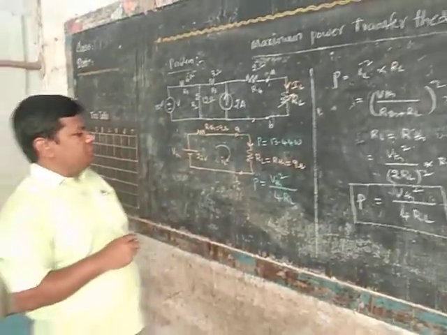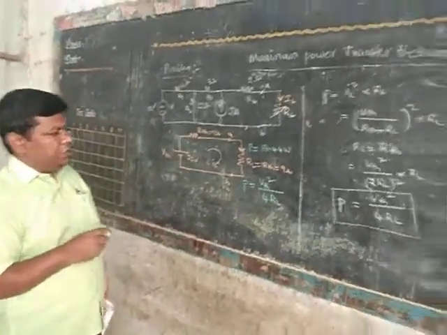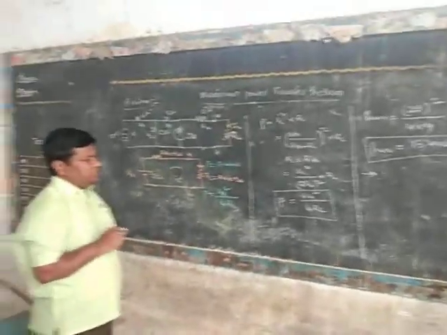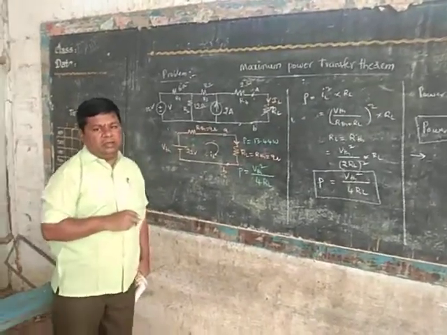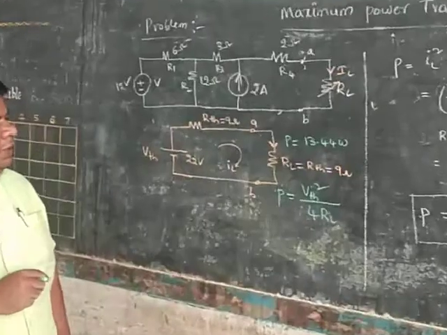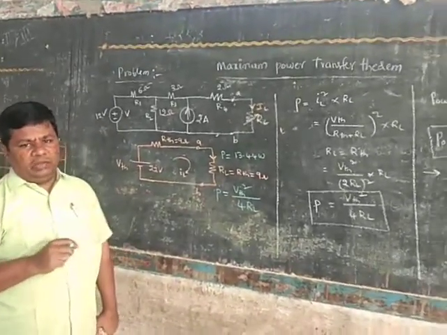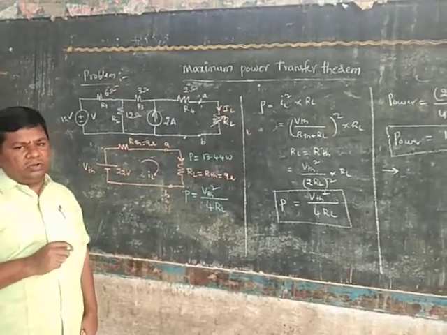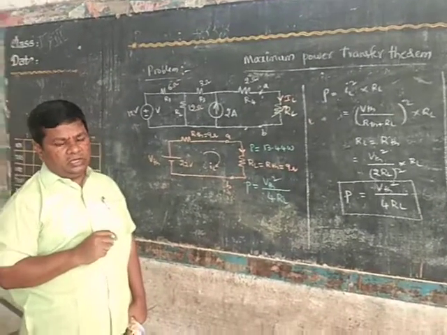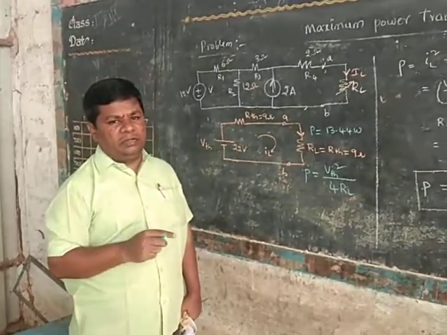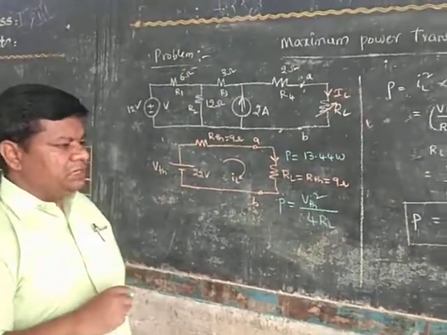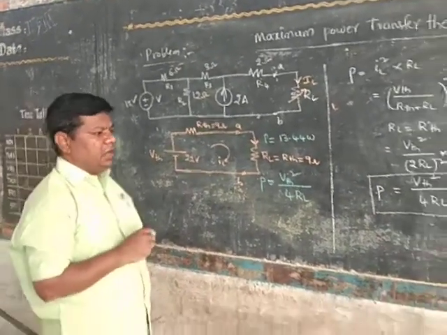Like that we have to solve any problem. First we have to find V Thevenin and R Thevenin. Then, by using the maximum power transfer theorem, whenever the load resistance is equal to Thevenin resistance, only then is the maximum amount of power delivered to the load. By using the Thevenin procedure, calculate the R Thevenin.